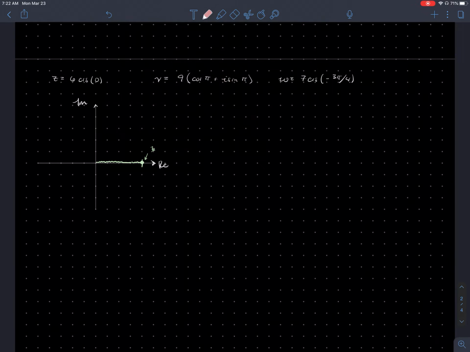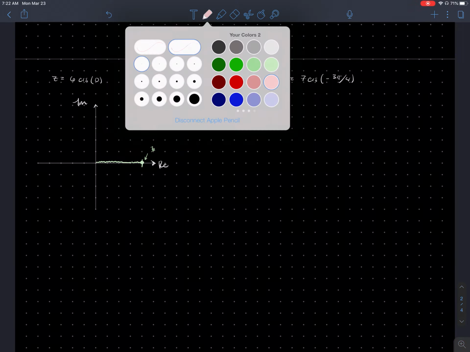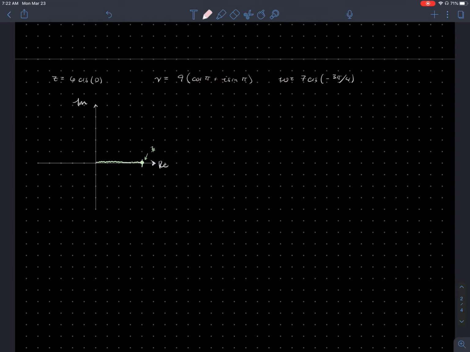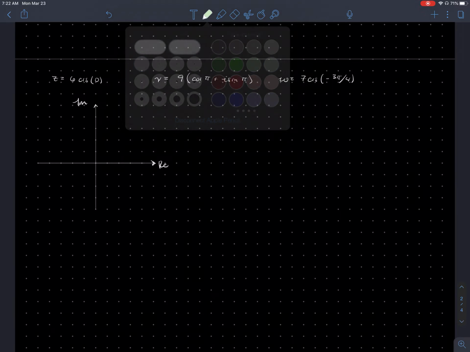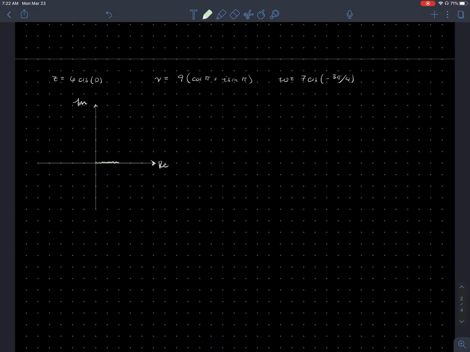Okay, our second one. We extend out by 9. Oh man, I probably should not have taken that one out so far. 6 is not going to be very far. Let's say 6 is right there.